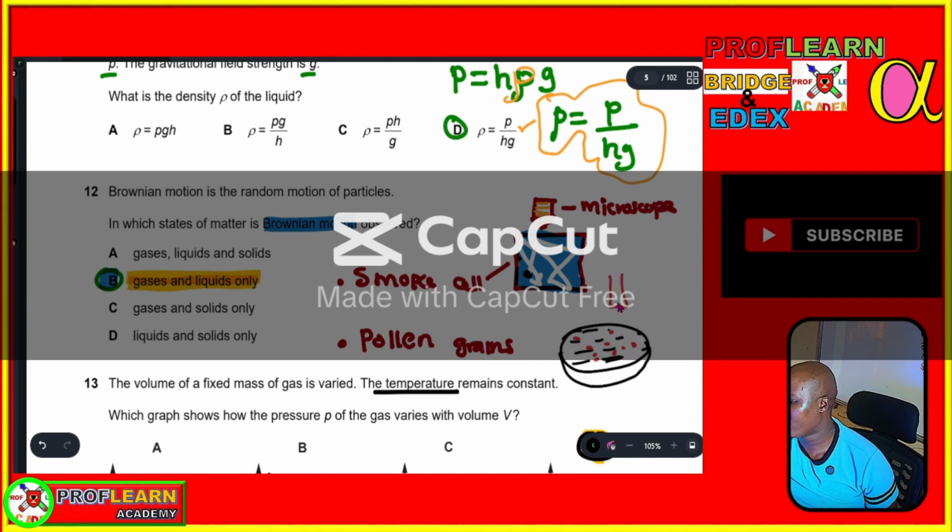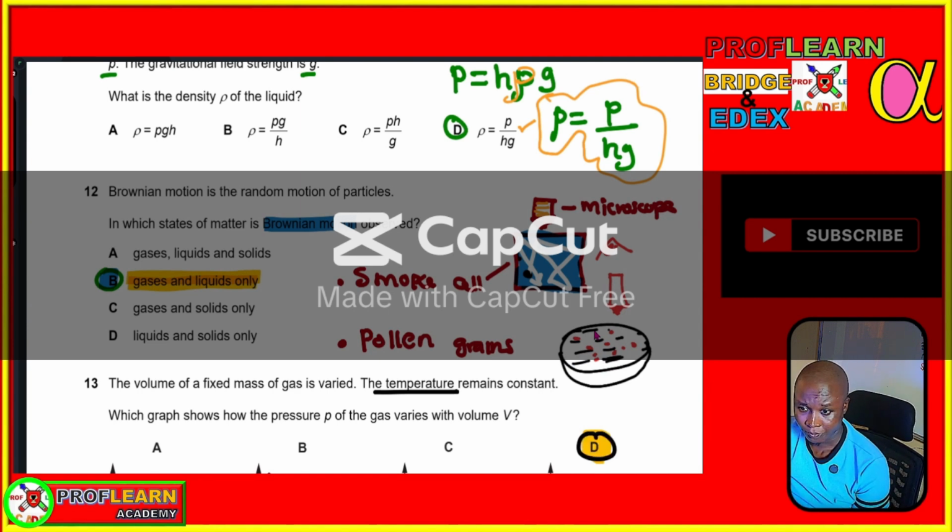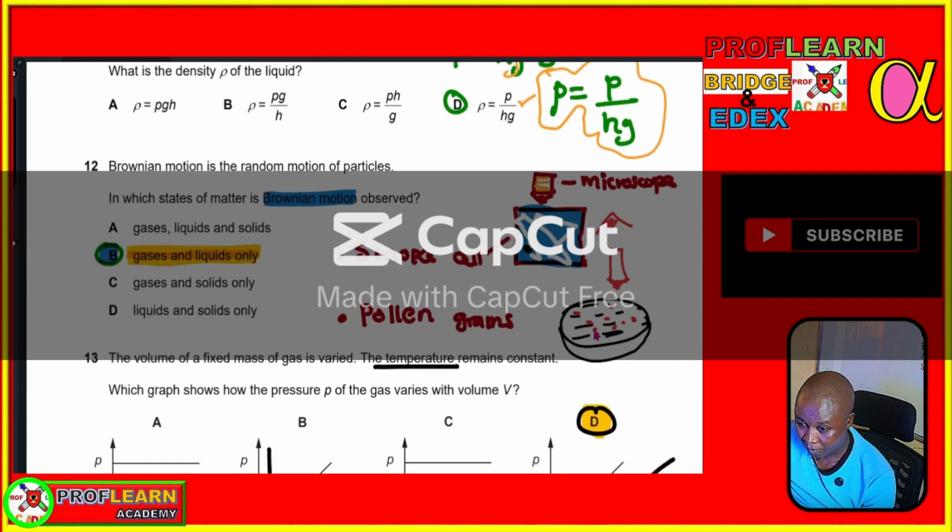If you have a travelling microscope, and your eye is positioned here, you are going to see the pollen grains moving in random motion. The reason is that those pollen grains are colliding with invisible water molecules which are moving randomly, and that is what is called Brownian motion.